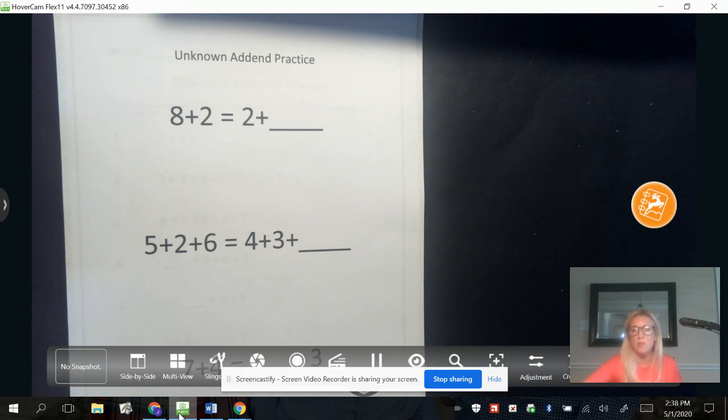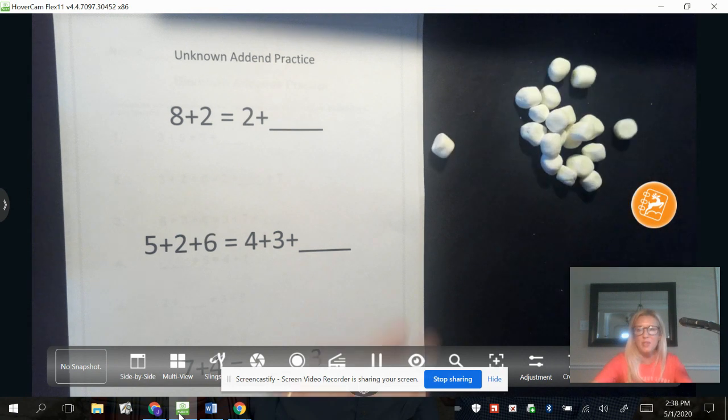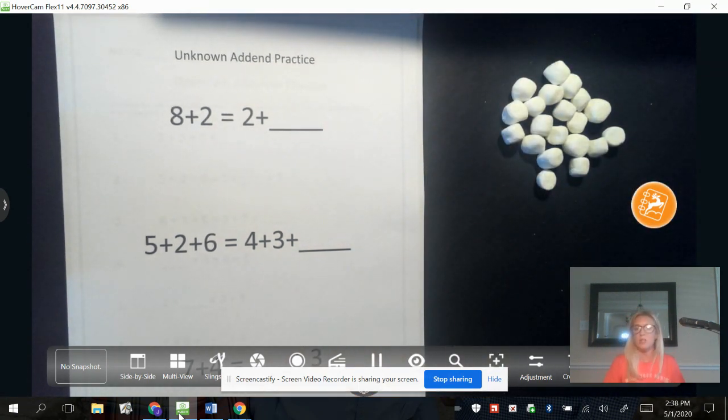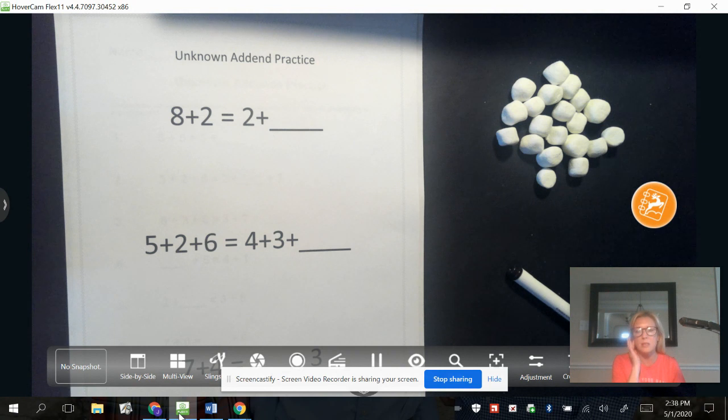So I grabbed some marshmallows because I had those handy, but I want you to grab some goldfish or some Skittles or some beans or some Legos, something, and you're going to need about 15 items. So make sure that you have those things ready, and of course a pencil. I have grabbed a marker here because I want you to be able to see what I'm writing nice and clear, but you need to make sure that you have a pencil.